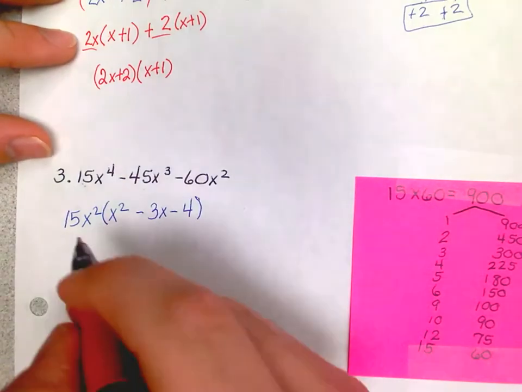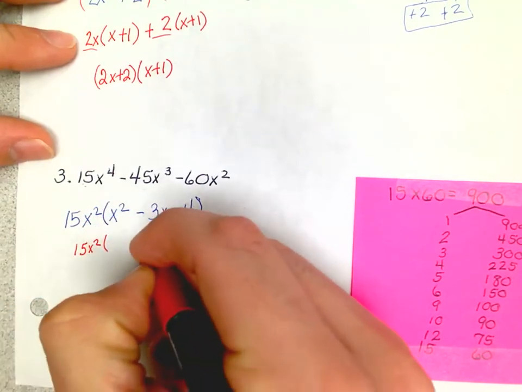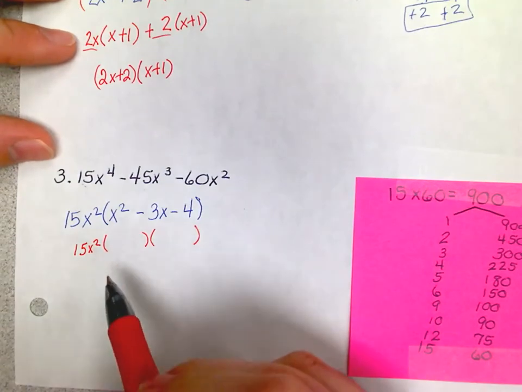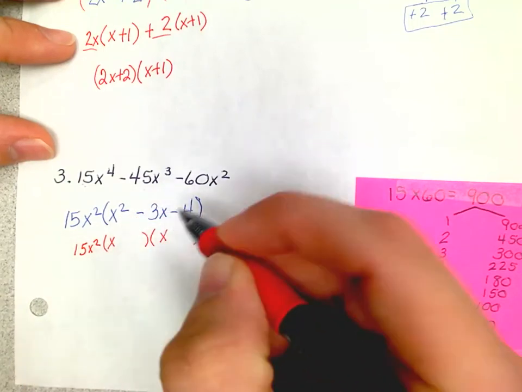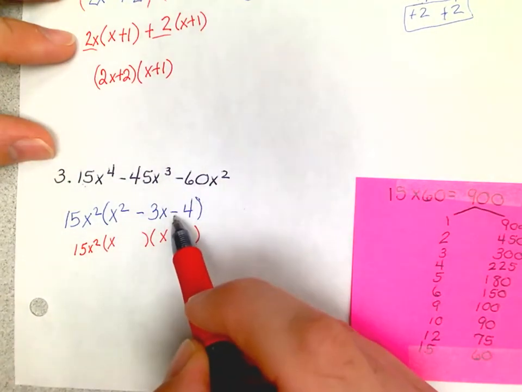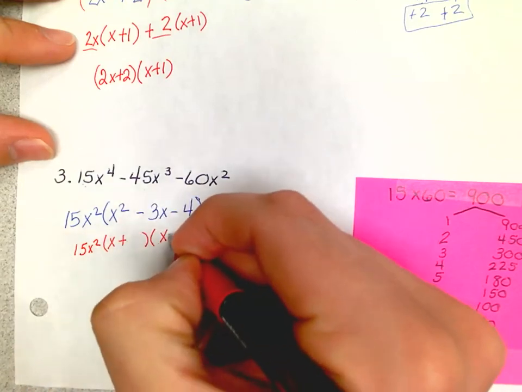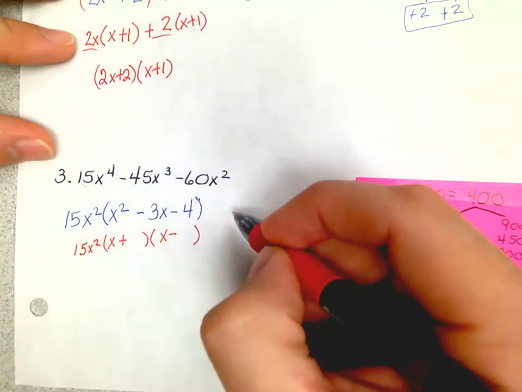So I'm going to write my 15x squared, and set up my two sets of parentheses just as we did before, when we started having a coefficient in front of x. We'll write our x, and since the c term is negative, that means one term will be positive and one term will be negative. So now we have to say, what are the factors of 4?